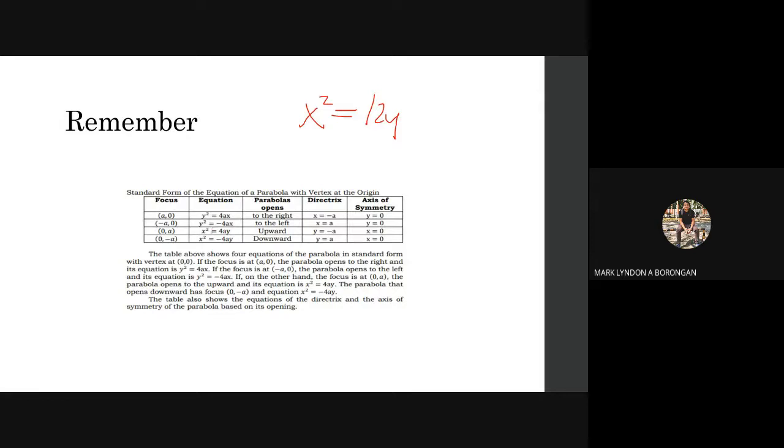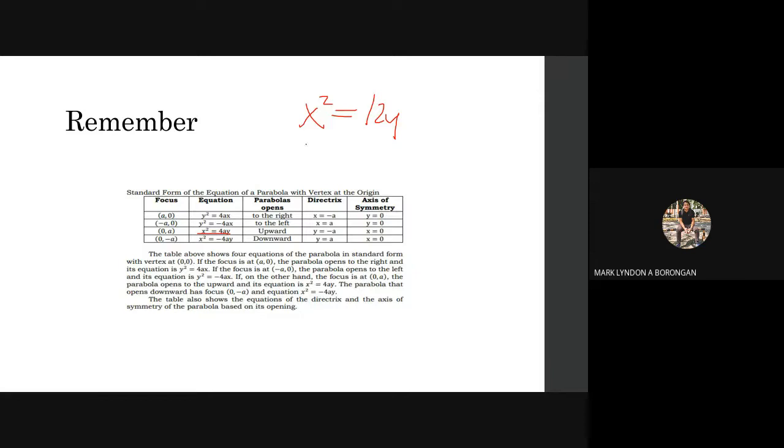Now, what we will do next is to find the focal distance. So how do we find the focal distance here? Our focal distance, a, is just equal to the number beside the y or the x. For example, if it is y squared here and this is 6x, then the number beside the x is what you equate to 4a. Here in the formula, we use x squared equals 4ay as our equation.